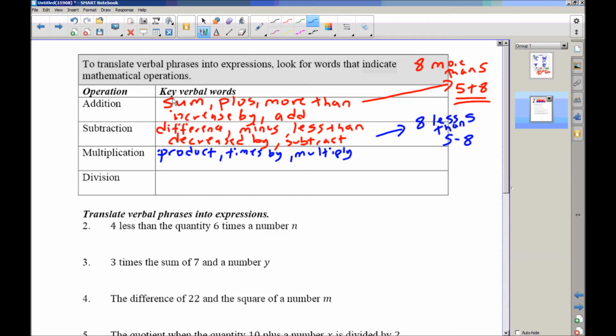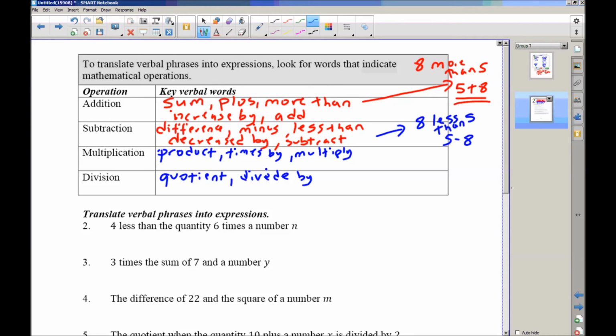These are the ones you'll see in the book there. Okay, and division, we have quotient, divide by, and we'll see some other ones as we go through.